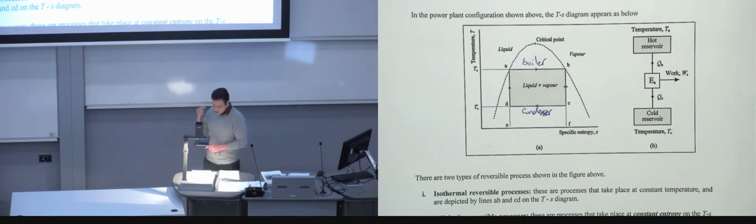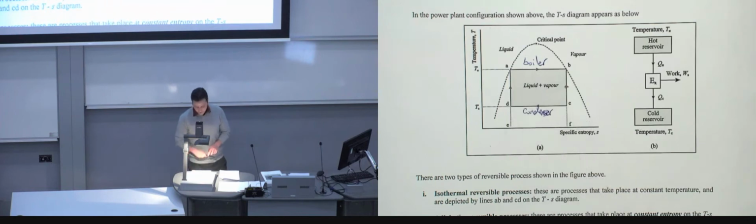And because they only change the phase, they're not changing the temperature of the water. And therefore, the temperature stays the same in both cases, because the heat in those devices is just latent heat, and it's just consumed in order to change the phase.